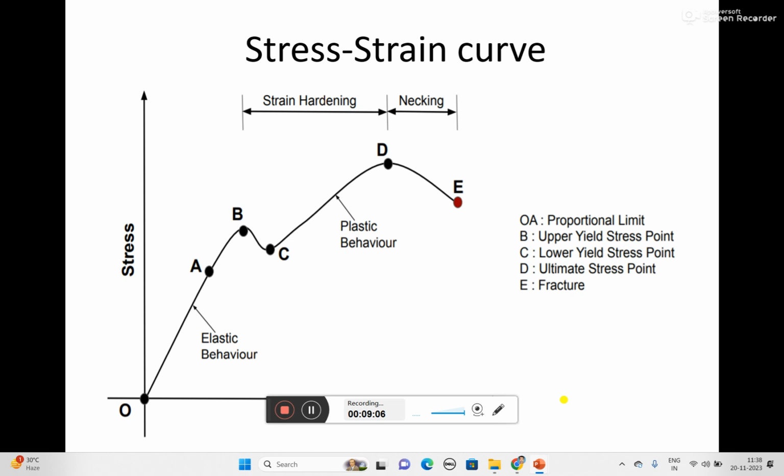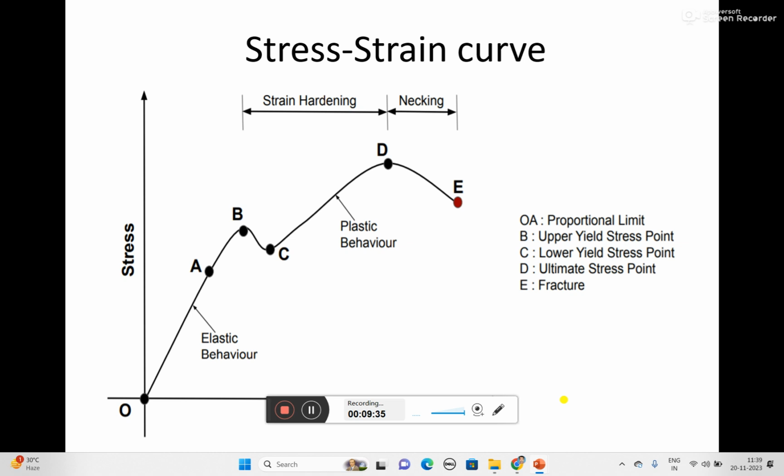Plasticity is whenever you apply some external force to the material, there is a deformation, and when you remove that external force, the material molecules won't come back to their original position. In elasticity, the molecules come back to the original position, but in plasticity, they won't.